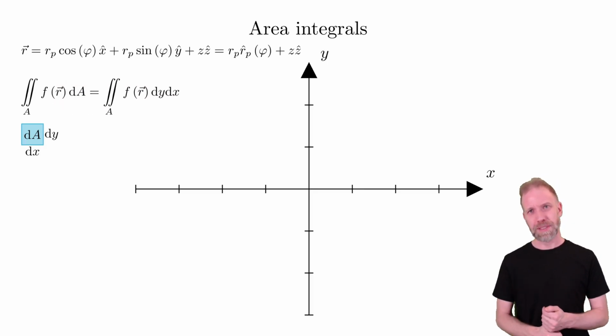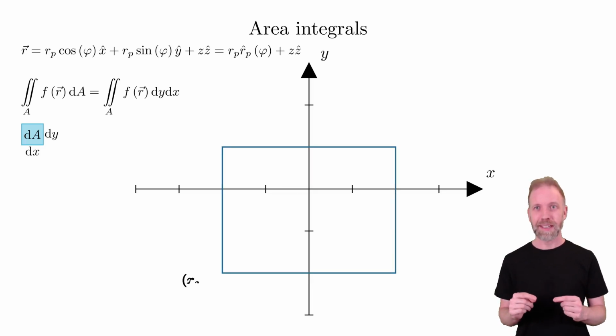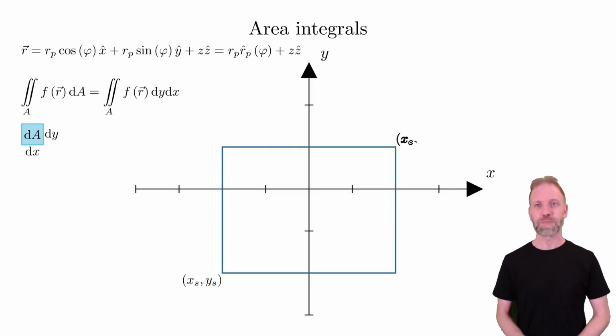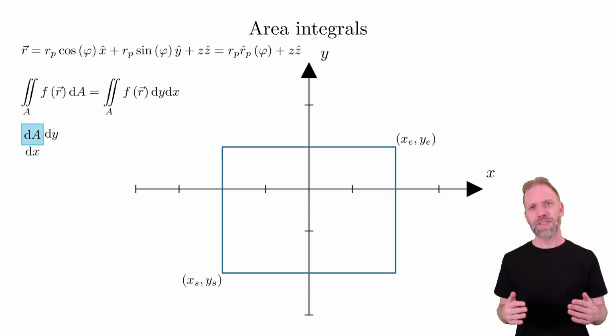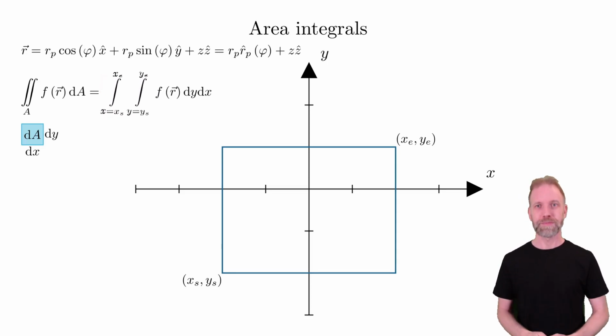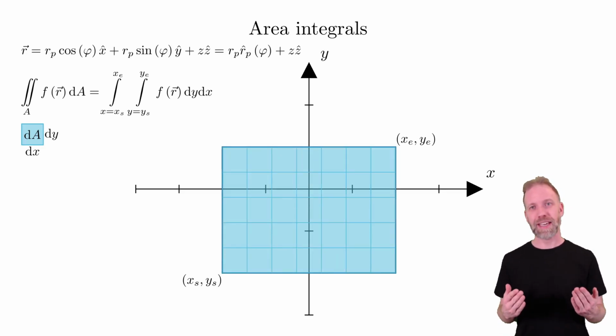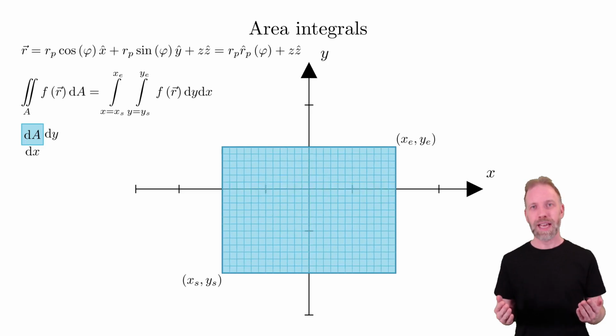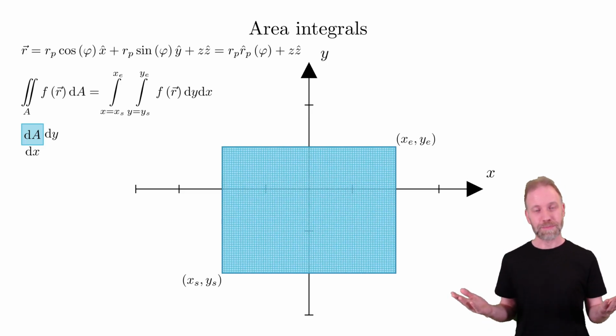The easiest limits are when we integrate the rectangular domain, here from xs and ys to xe and ye. Here we can write the double integral as two integrals, one for each direction, with constant limits on both. Then we can divide the rectangle into small regions of size dA and let the number of elements go to infinity.